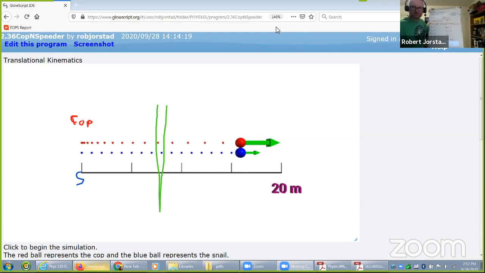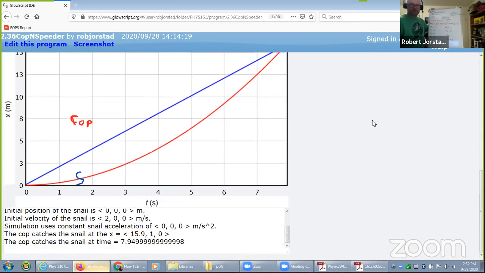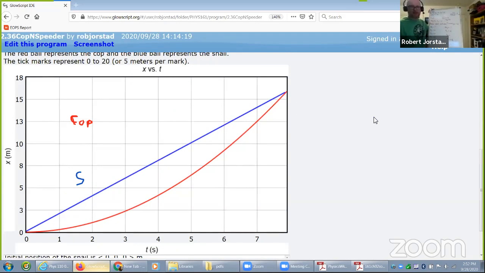All right, let me clear these. Hold on a sec. What I did down here, if you scroll down, this shows you the position versus time graph. And boy, it sure makes this easier to see. Right about here, you can see the distance between them is largest. That looks like the time when I have the largest distance, at about 4 seconds.